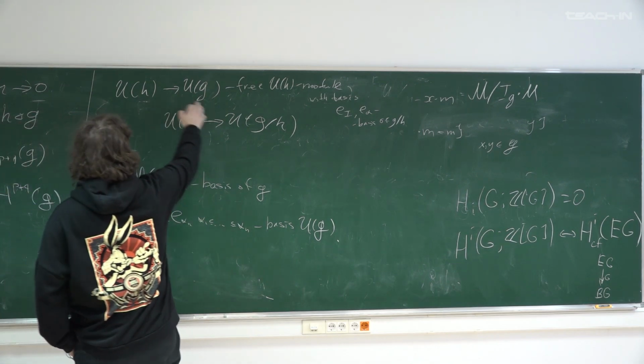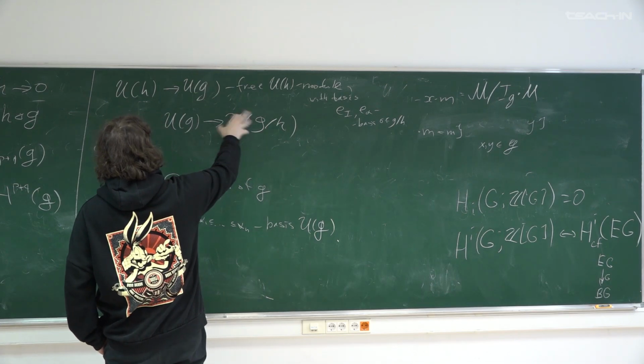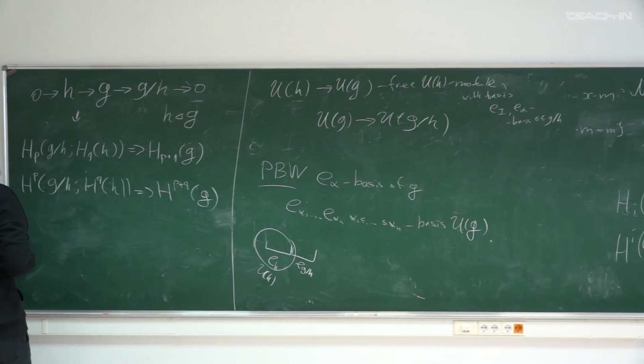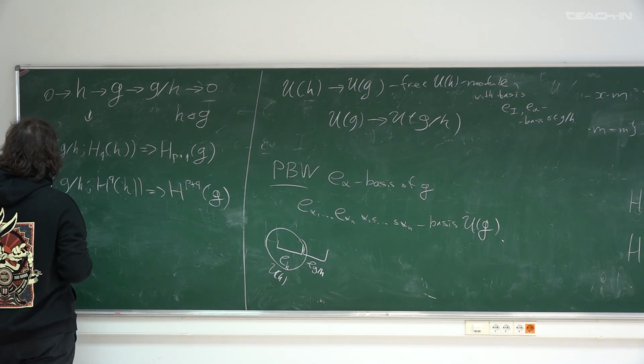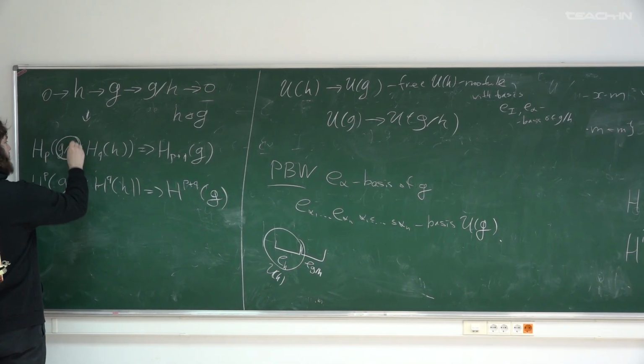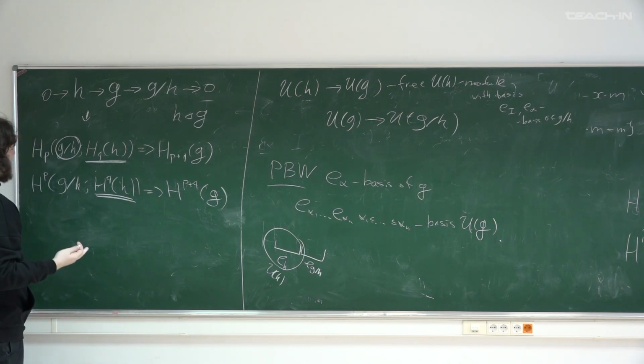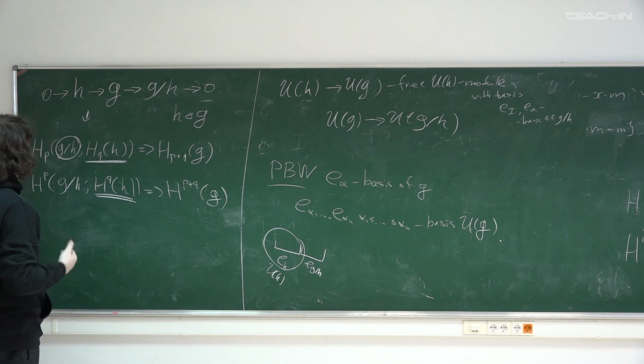And because of this, from this base change spectral sequence we have some degeneration and we obtain this thing. Here we only need to understand what the action of the quotient on the homology of H is. We have some action from the base change spectral sequence.